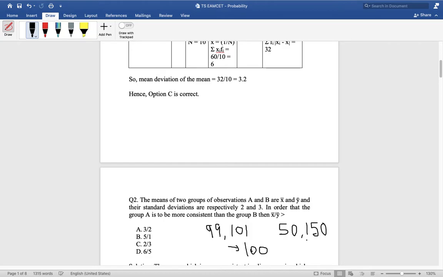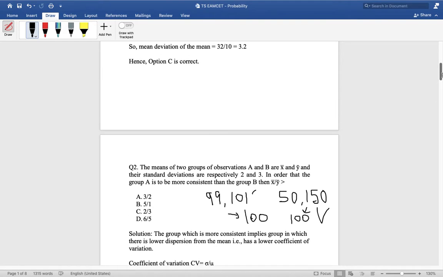The mean of the second, 50 plus 150 by 2, is also 100. So the means of both are the same, 100. But which one has more standard deviation? The second data set obviously has more standard deviation. B has more standard deviation than A. So A is more consistent in this problem.